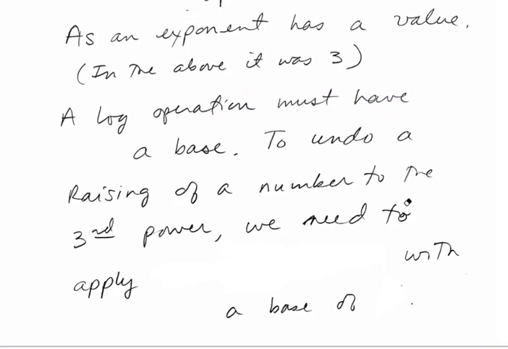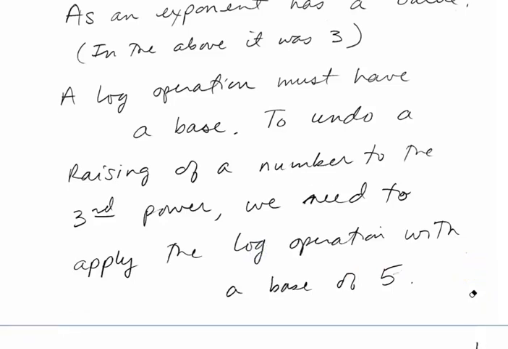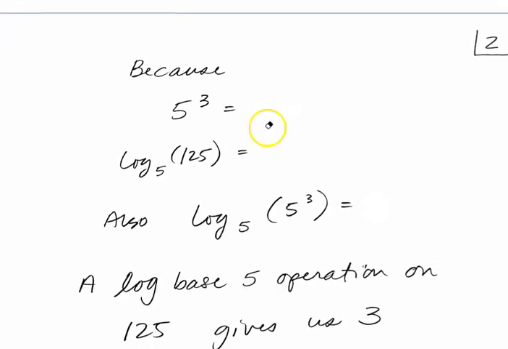So to undo the raising of the number 5 to the third power, we have to apply the log operation with a base of 5. So because 5 to the third equals 125, then the log of 125 to the base 5 would equal 3.